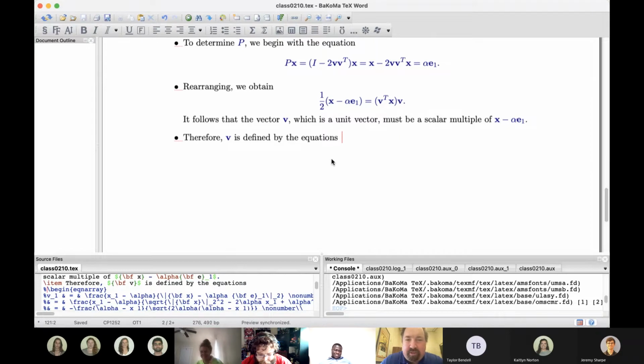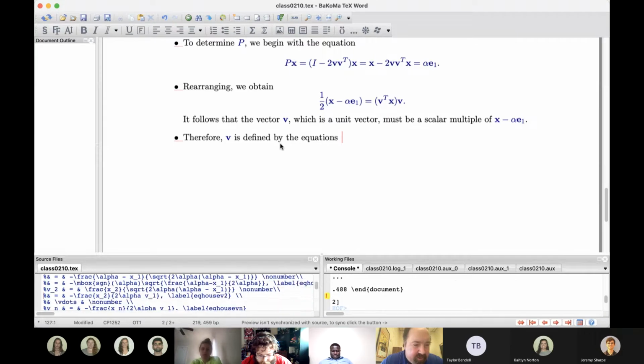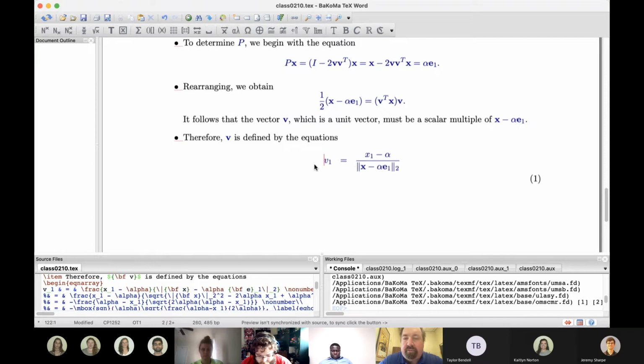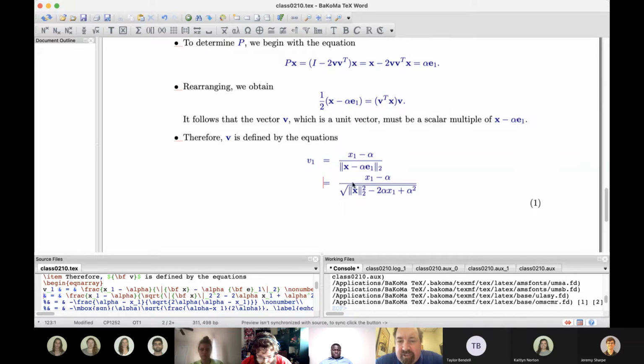So now what I'm going to do is look at the vector V that we have here, component by component. So the first component would be the first component of X minus the first component of alpha E1. But E1 starts with a 1, so it would just be alpha. And then I'm taking this vector and normalizing it to make sure that it's a unit vector. Now, I can try to write out what that is, because I'm taking a square root of sum of squares of this.